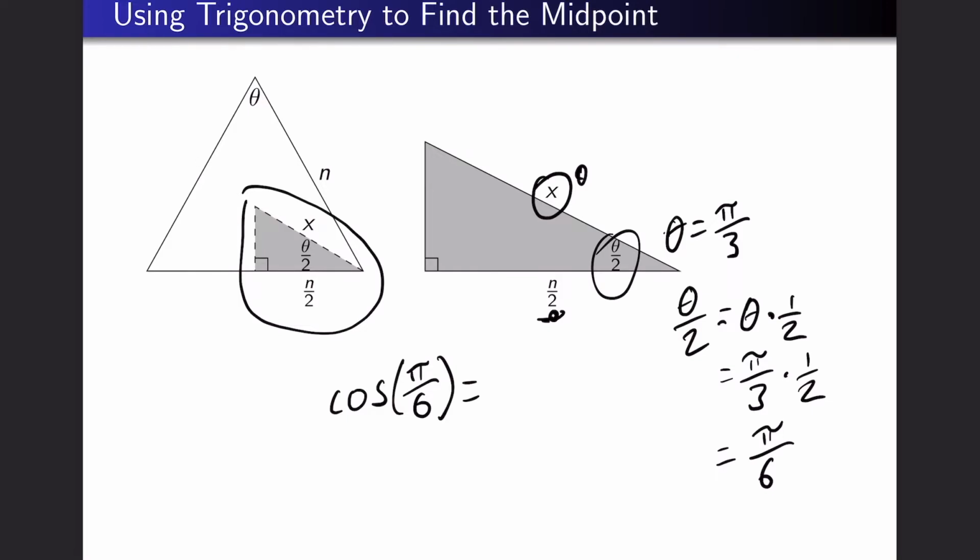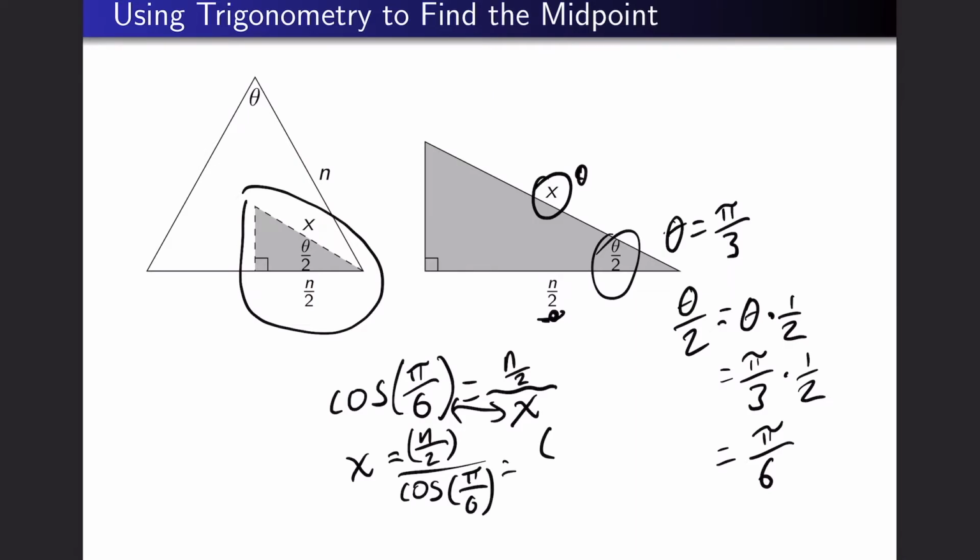I'm going to write this as n over 2 divided by x. So let's switch these terms, the x and the cosine pi over 6. We're going to have x is equal to n over 2, and I'm just going to put this in parentheses because there's going to be a lot of division, over cosine pi over 6.